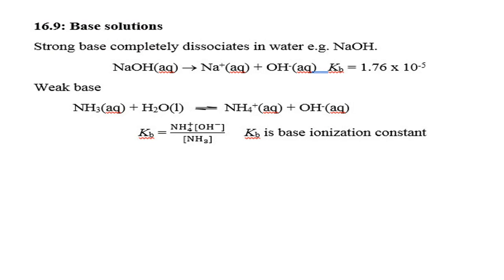This is an example where you are given a weak base. We already know how to solve a problem when you are given a strong base or a strong acid. But in this case, you are given a weak base. How do you determine the pH of the solution?